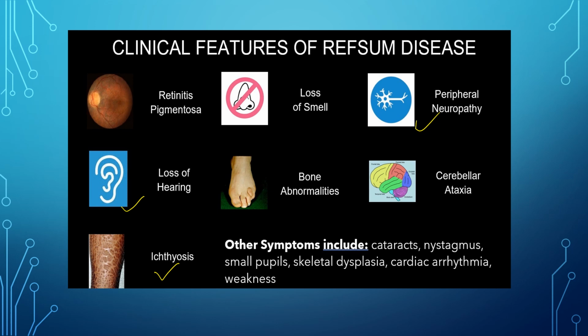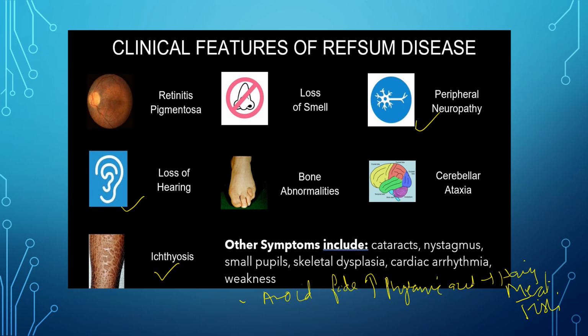To manage it, the persons affected by Refsum disease should avoid foods which are high in phytanic acid. For example, it can be dairy products, red meat, or certain fish. So these foods are to be avoided.